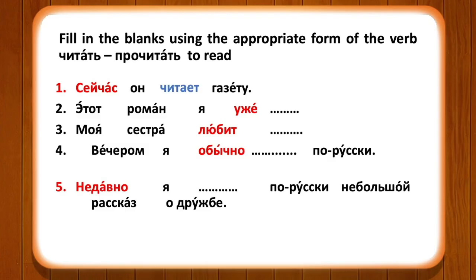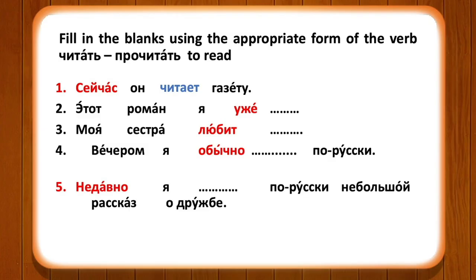The imperfective verb читать is conjugated according to the pronoun он. Here the imperfective aspect denotes an action that is going on in the present. Сейчас он читает газету means right now he is reading a newspaper. So an action that is going on in progress at present. To denote such action, we use imperfective aspect.